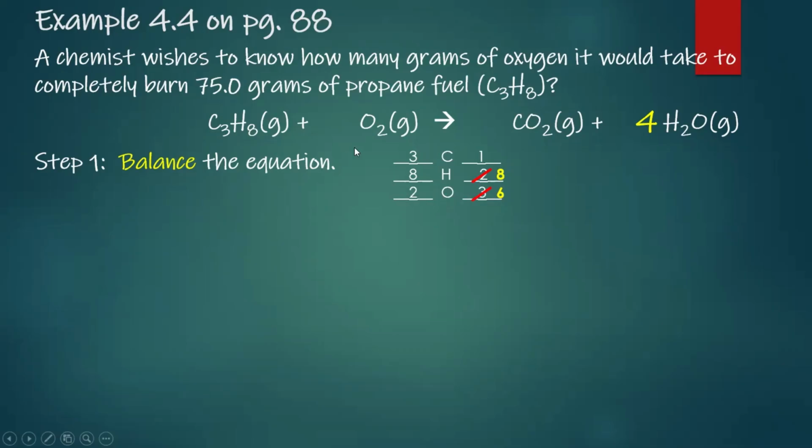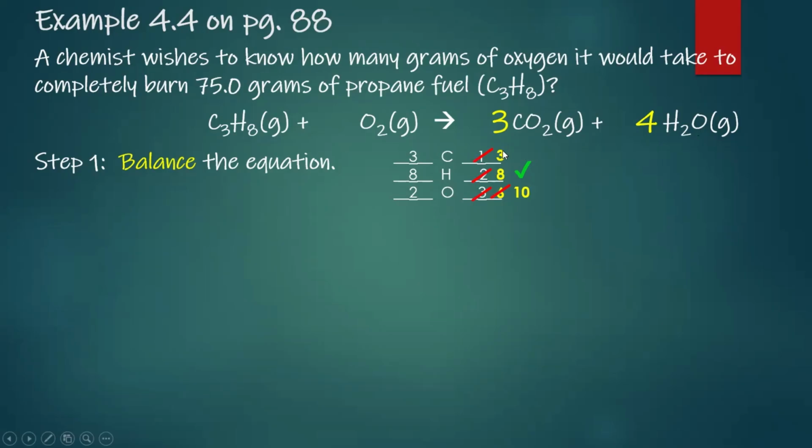So now these oxygens don't match, but the hydrogens look good. The carbons still don't match up, so we need 3 carbon dioxides to be able to get 3 carbons. But then that's going to give us 6 oxygens, so 6 oxygens plus 4 oxygens makes 10 oxygens.